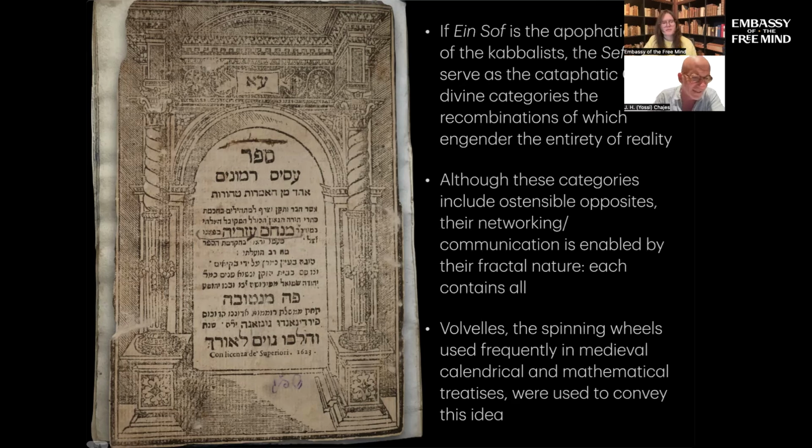The book is called Asis Rimonim, and it's an abridgment of sorts of the Kabbalistic classic of mid-16th century Safed called the Pardes Rimonim, an orchard of pomegranates, which is the great Summa of classical Kabbalah written by Moses Cordovero.